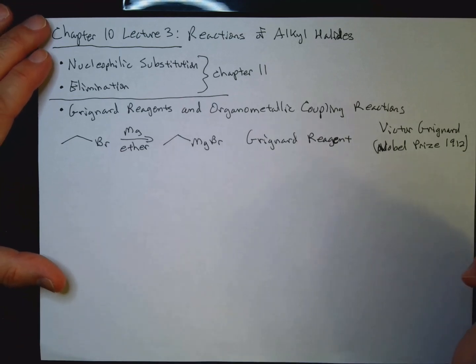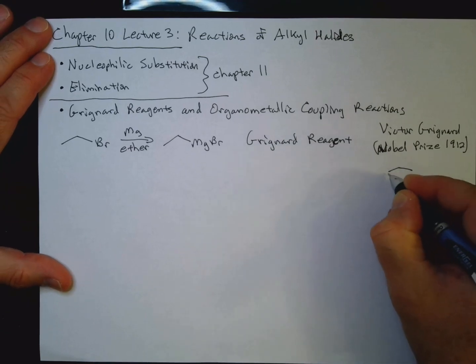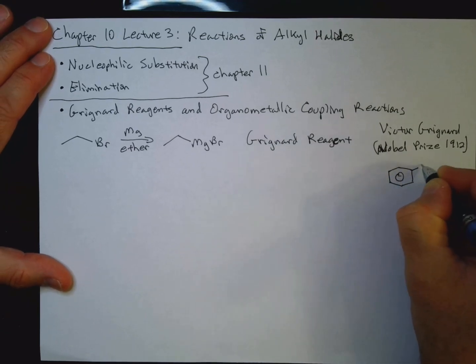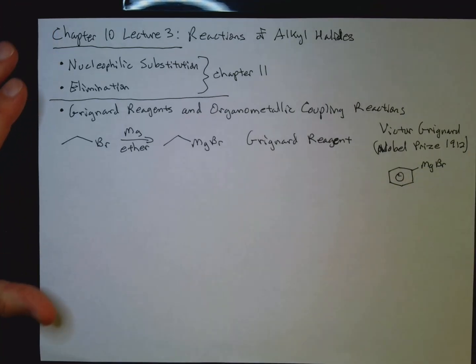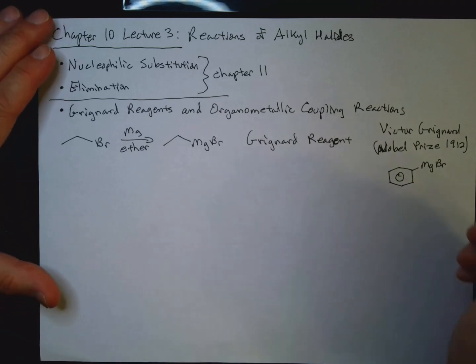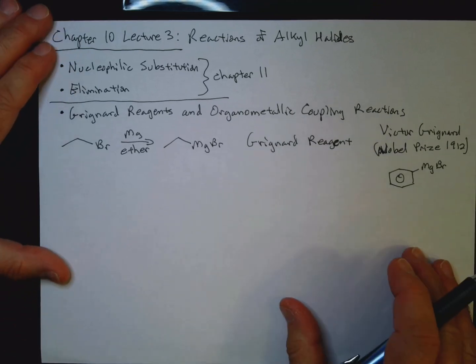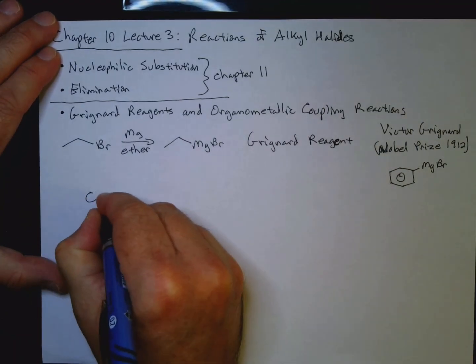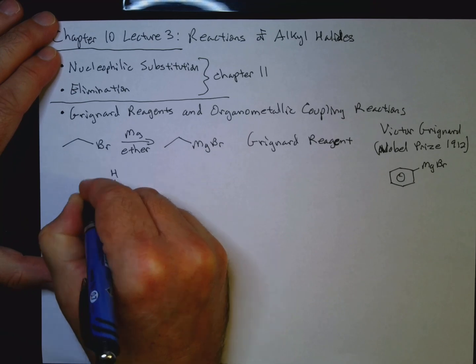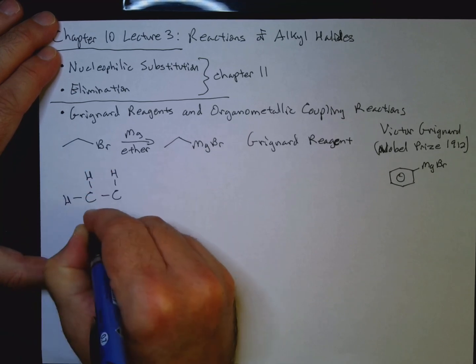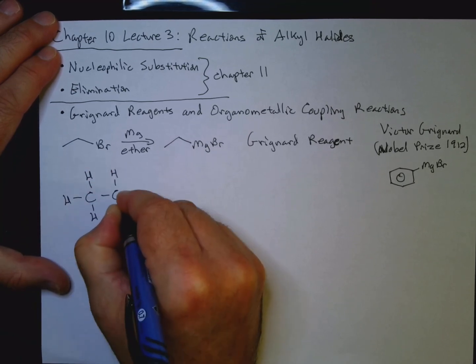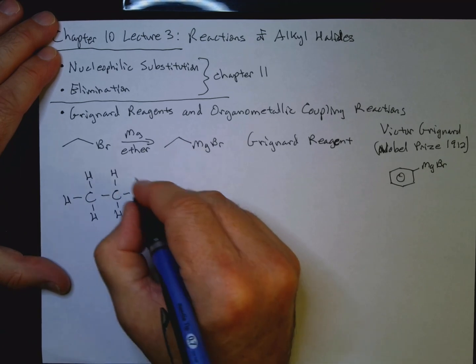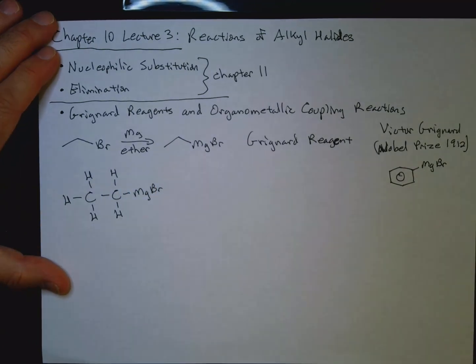And so what he actually looked at was phenyl magnesium bromide, and reactions with that. So let's focus in on the structure of our Grignard. All right.